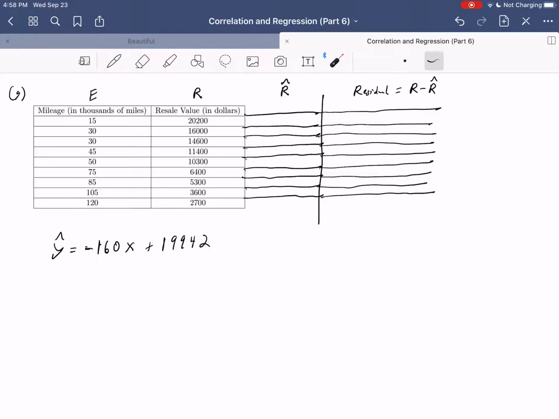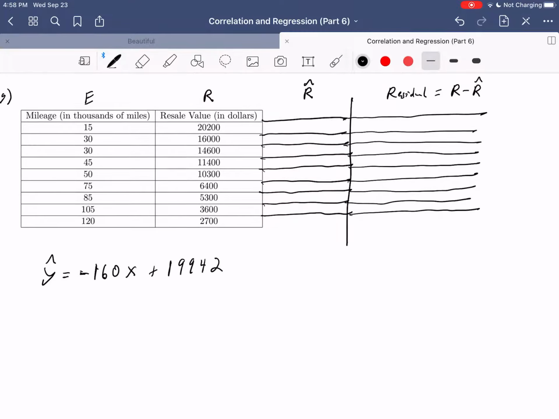So let's do this one at a time. First, we'll have to plug in the 15. So if you're following along with your calculator, negative 160 times 15 plus 19942, our first one here should be 17,542. I'm going to fill in this column first, and then we'll move to the next.